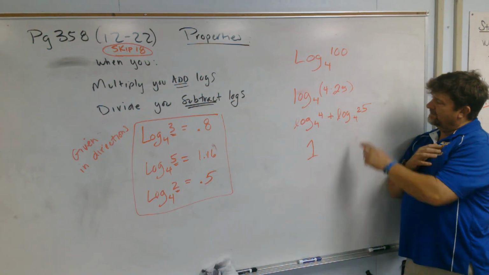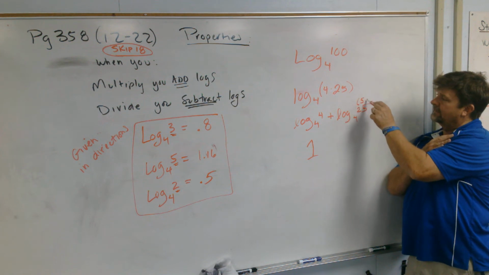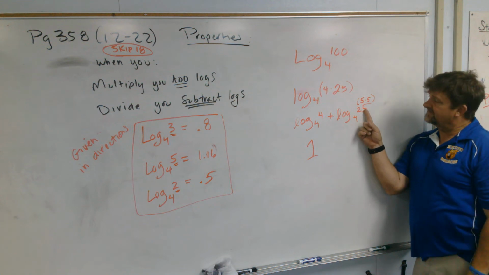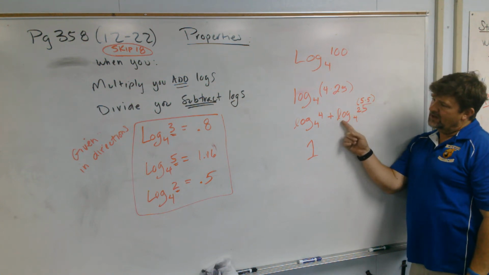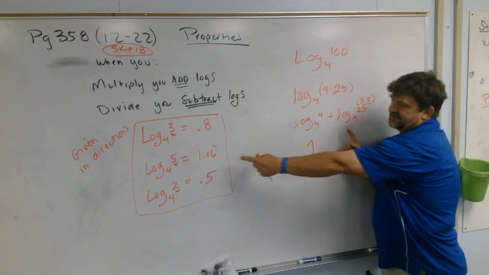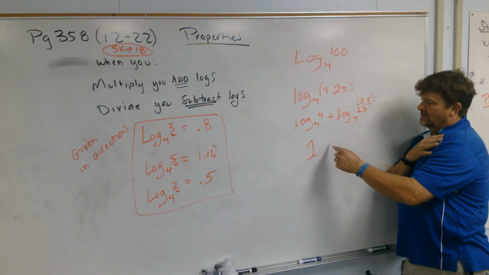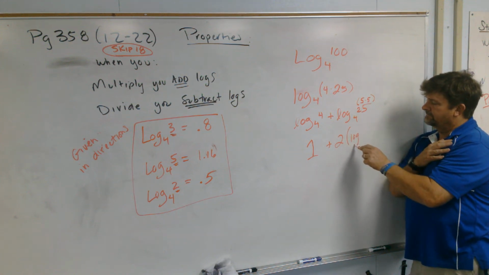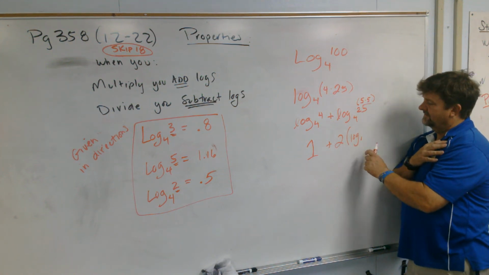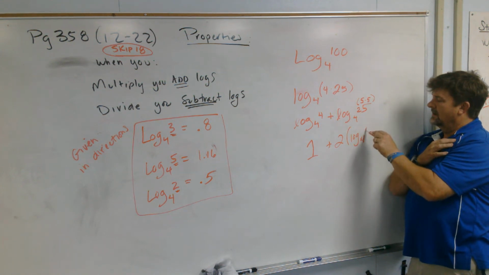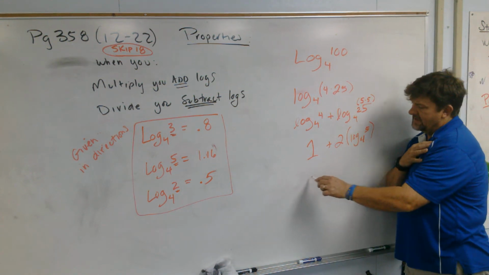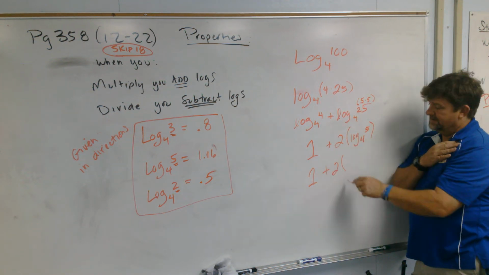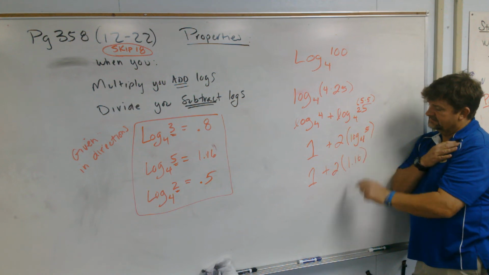Now I've got to go, okay, well, this is 5 times 5. So that's 5 times 5. Well, that's 2 of those. Do we know what log base 4 of 5 is? Well, we know it's 1.16. So we know we have 2 of them. Log base 4 of 5, and then we just clean it up. 2 times 1.16.